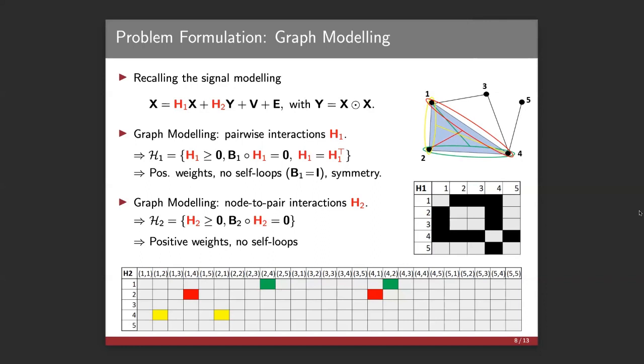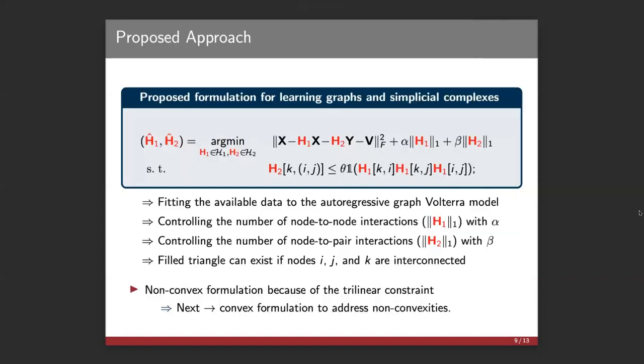Saying that, this is the formulation we proposed. We are jointly estimating the pairwise interaction and the node pair interaction, and this is fitting our proposed signal model. We impose sparsity on H1 and H2 to limit the number of edges and higher order interactions.